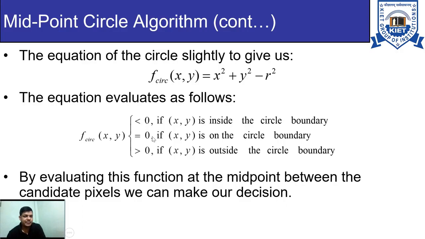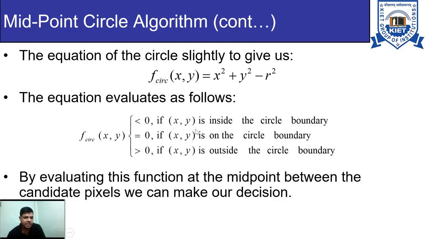If we choose a point on the circumference of the circle, the value of the function is 0. And if a point is outside the circle, substituting it in the circle equation gives a value more than 0.